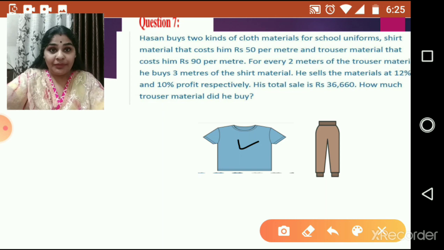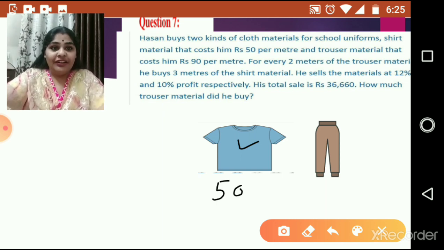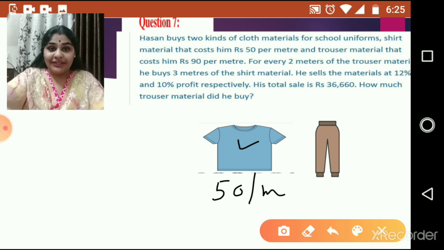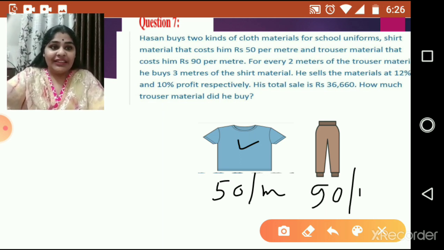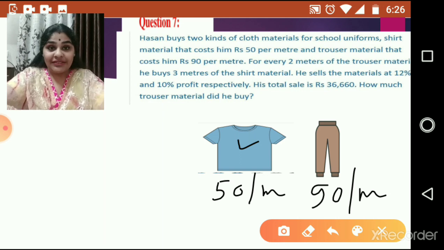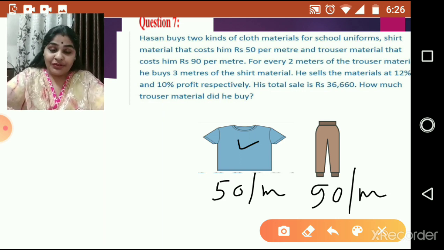Now this is per meter, not the total cost, right? So suppose I write here 50 per meter, right? And the trouser material that costs him rupees 90 per meter. So let us see, this is 90 per meter. This is the cost per meter of the cloth of the trouser and cloth of the shirt.